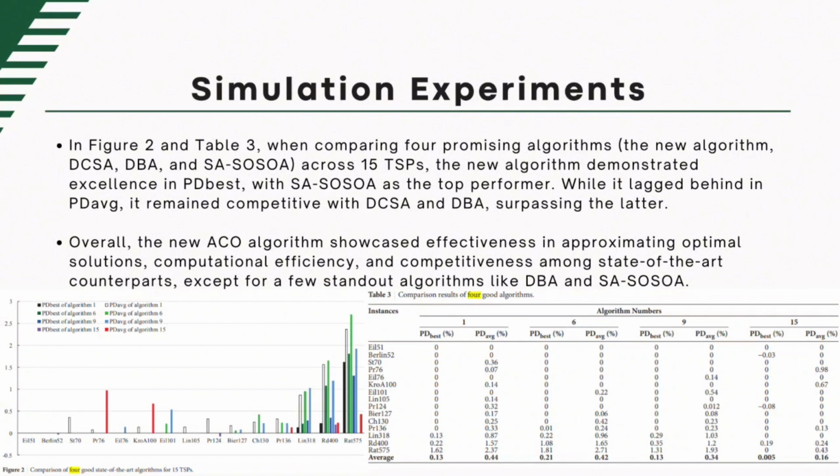Overall, the new ACO algorithm showcased effectiveness in approximating optimal solutions, computational efficiency, and competitiveness among state-of-the-art counterparts, except for a few standout algorithms like DBA and SASOSOA.